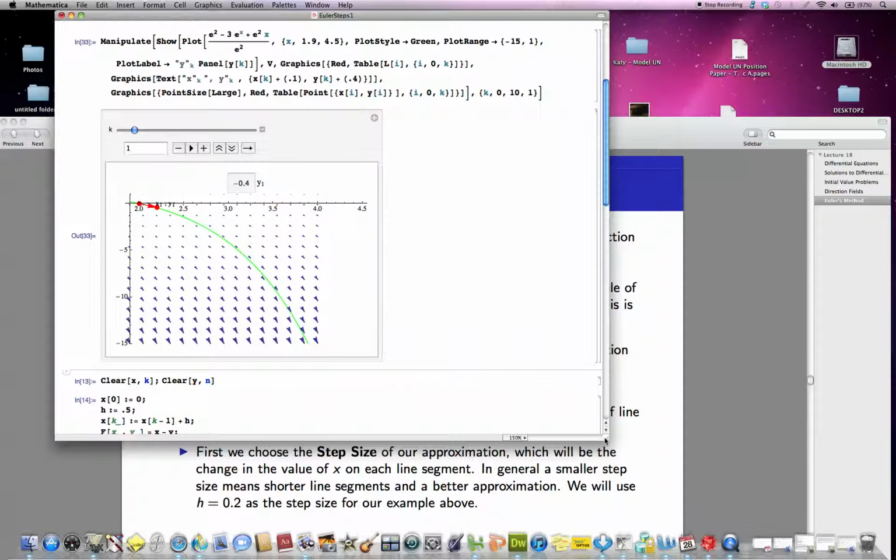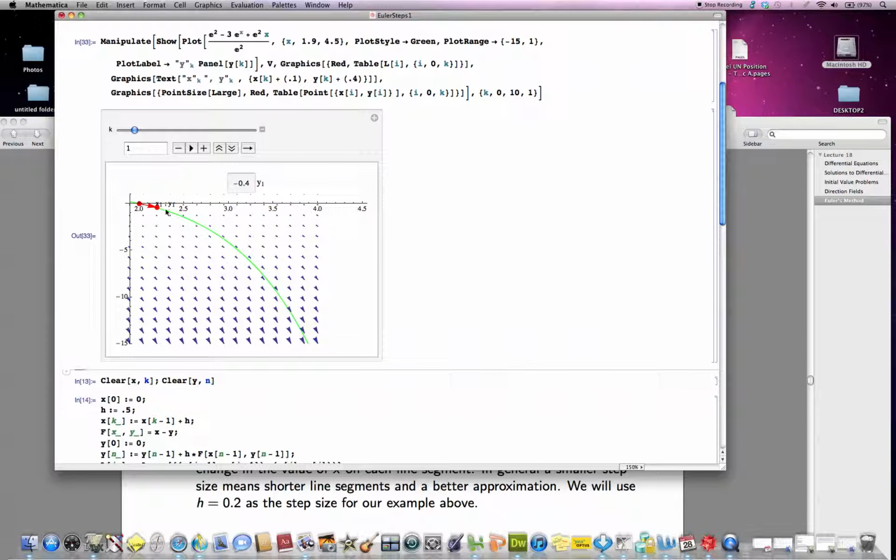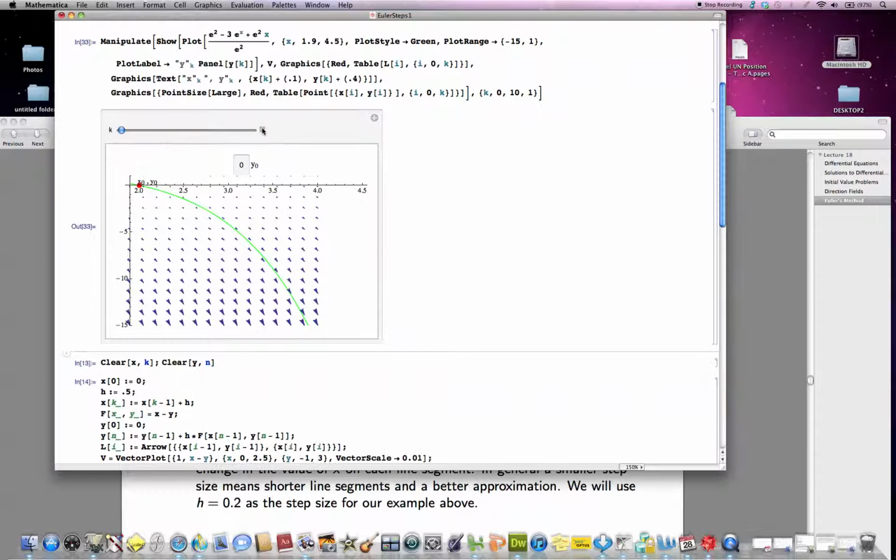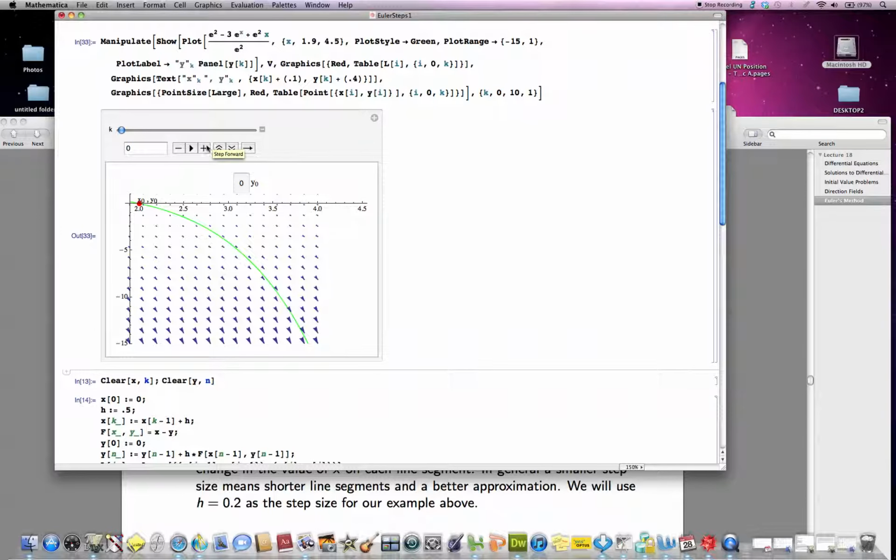So we start at the point where y of 2 equals 0. With k equals 0, the number of steps at 0, our first point on the estimated curve is x0, y0, which is just the initial point. From there, we follow the path of the arrow in the direction field, which starts at the point (2, 0).